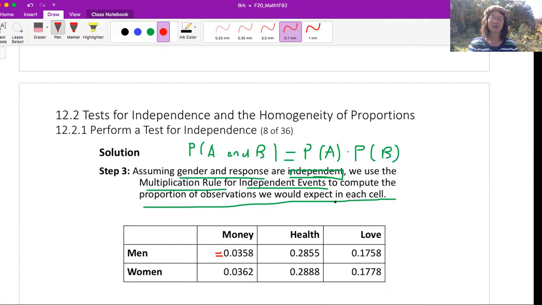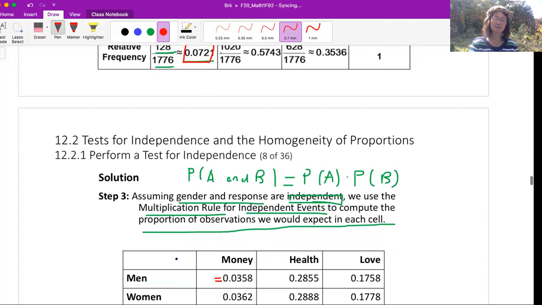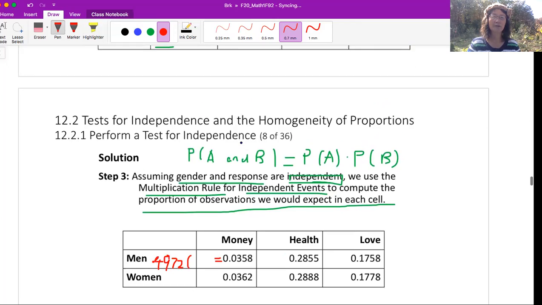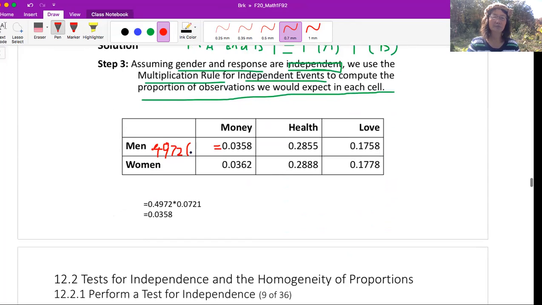So this number is the result of 0.4972 times 0.0721.